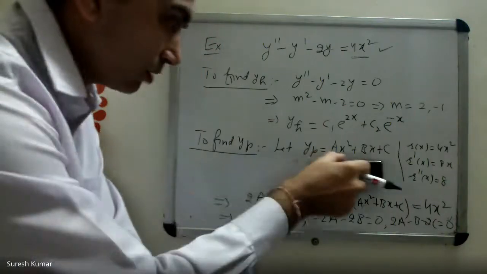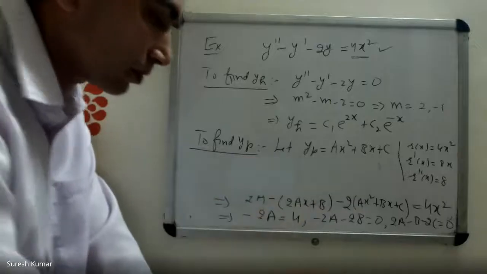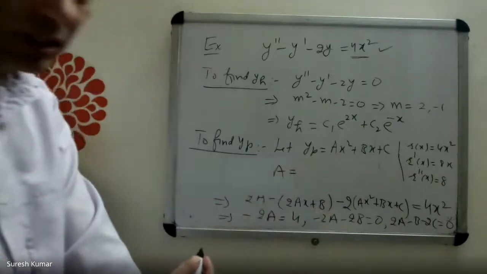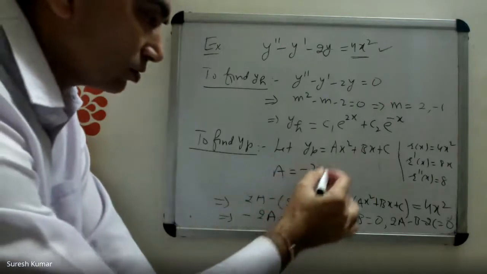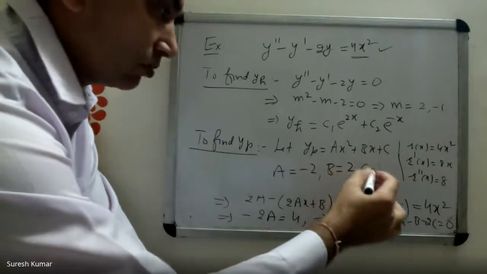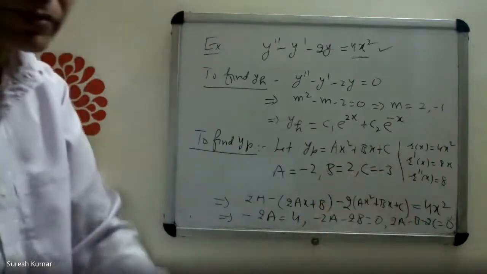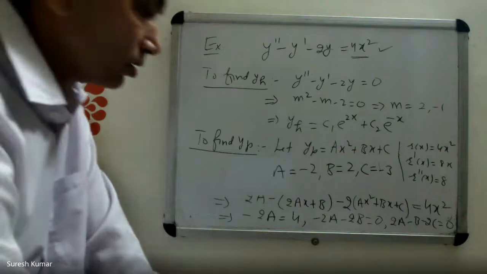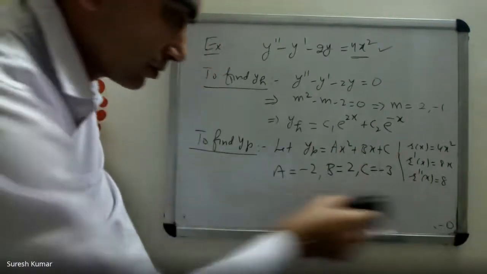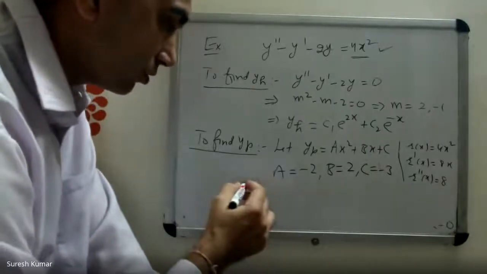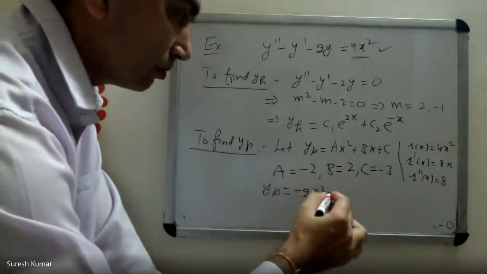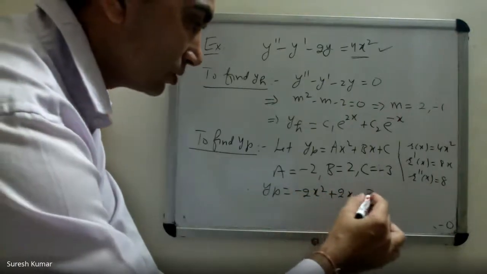So the values of a, b, c are minus 2, 2 and minus 3. So what is yp? Therefore, yp is minus 2x square plus 2x minus 3.